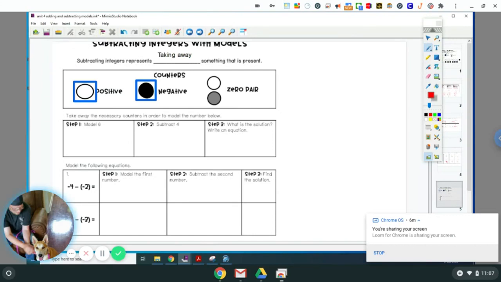When you minus a negative, it actually becomes a positive, because when you take away a negative, it's like 2 wrongs make a right. So now all you're doing is -4 plus 2, which is just like adding. So this will just equal -2.